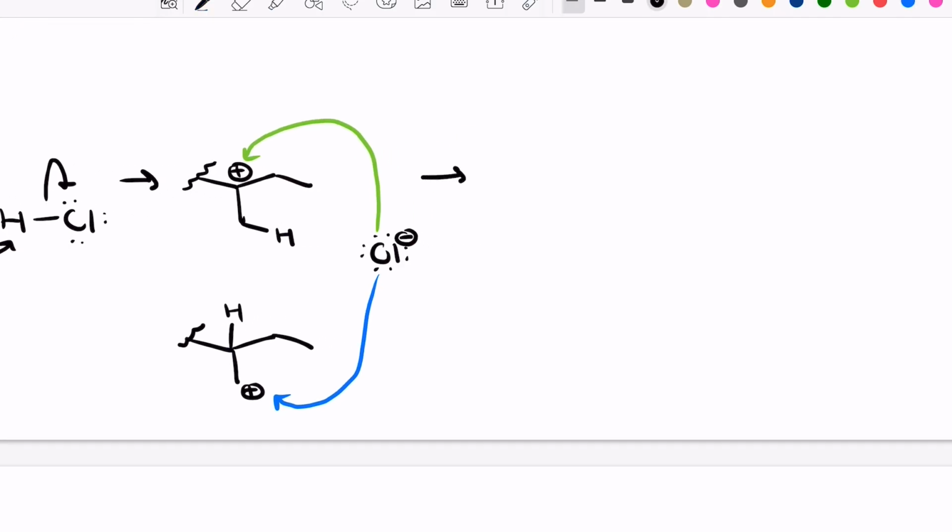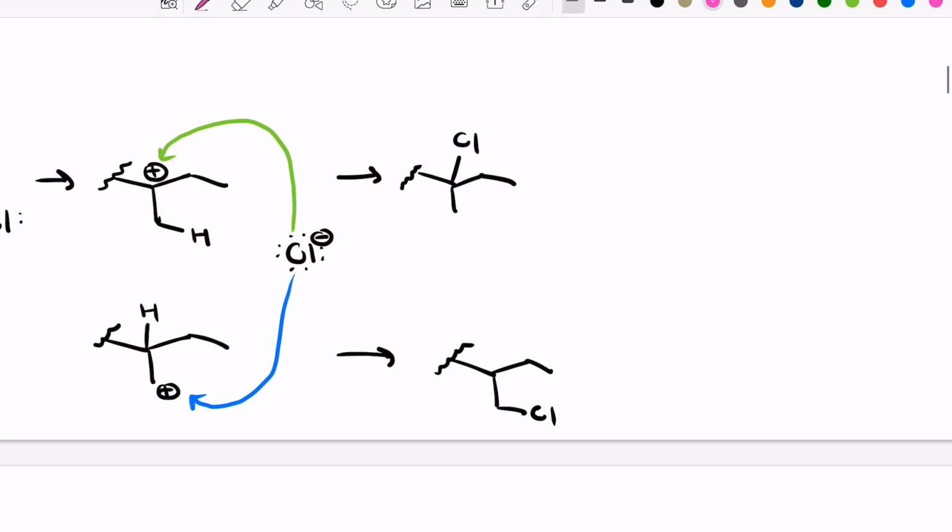So the top reaction is going to look like this. Okay, and then your bottom reaction is going to look like this. Alright, the top one's going to be your major, the bottom one's going to be your minor.